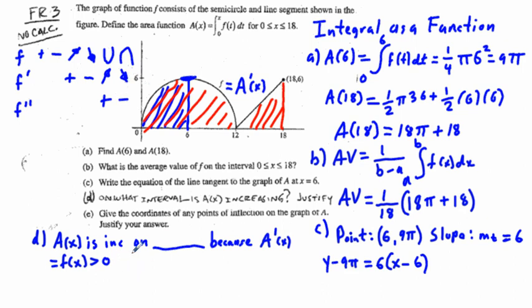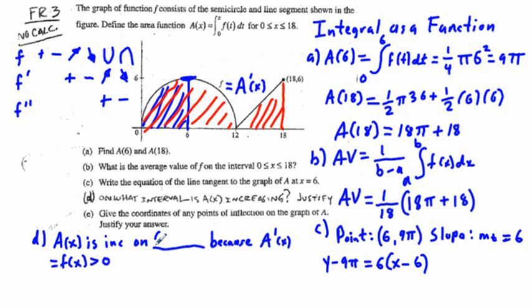And so what we look for is where do we see f of x greater than 0? Well, we see it everywhere except 12. But at 12 the function will still be increasing. It's just sort of a horizontal tangent there.